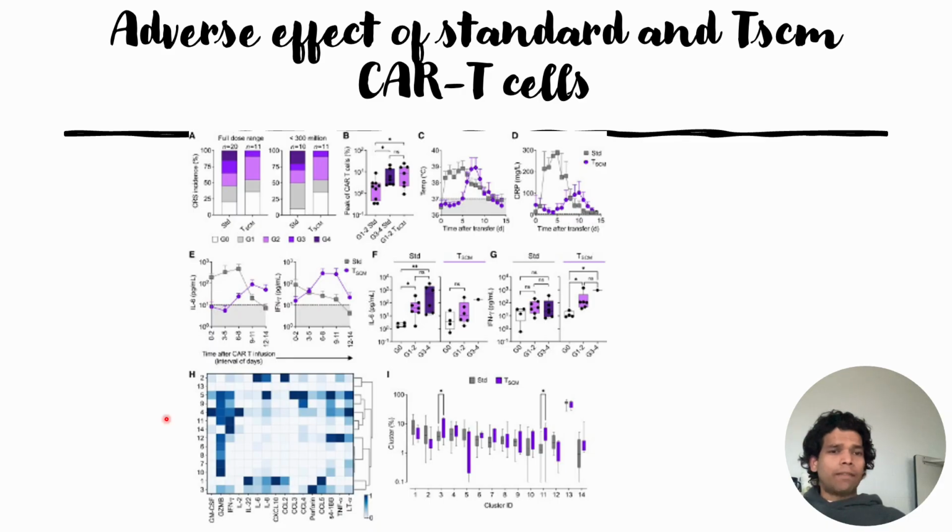Afterwards, to find more detailed insights, what they did is they isolated the CD8 plus CAR-T cells from both categories, the standard CAR-T cells and the TSCM based CAR-T cells, and then stimulated them with CD19 plus targets, and then did the clustering, and thereafter single cell analysis.